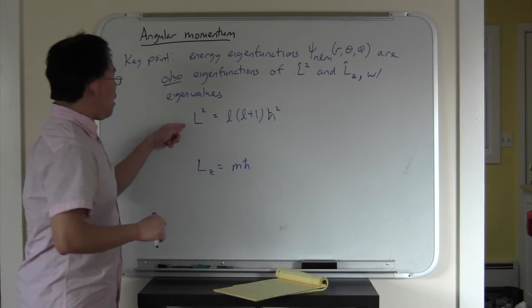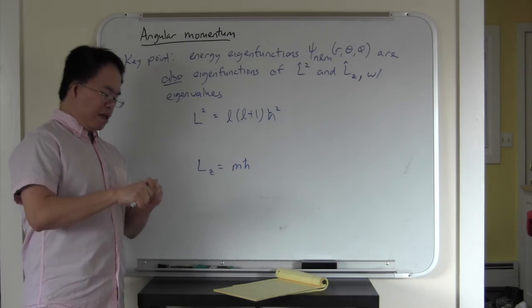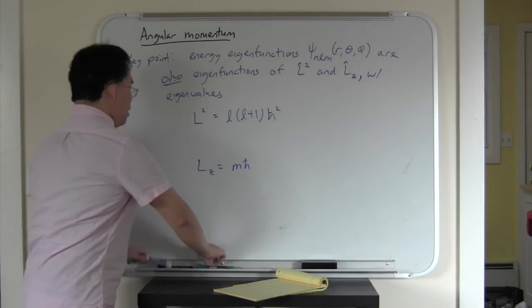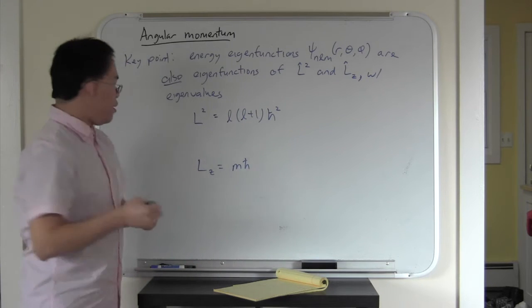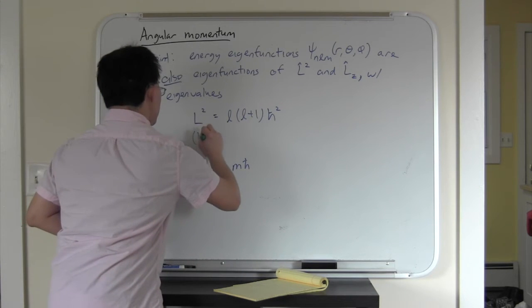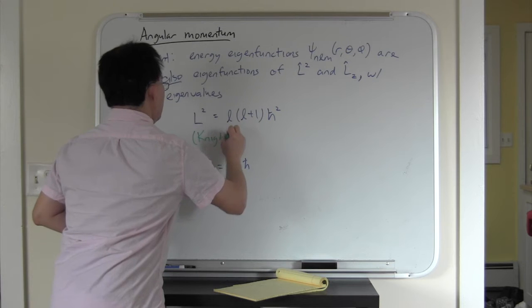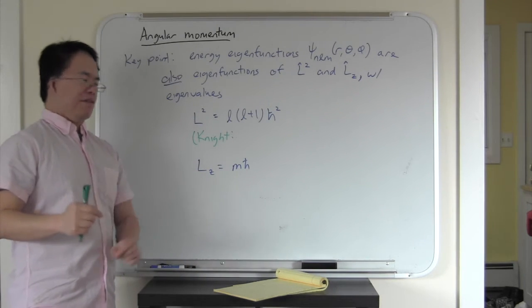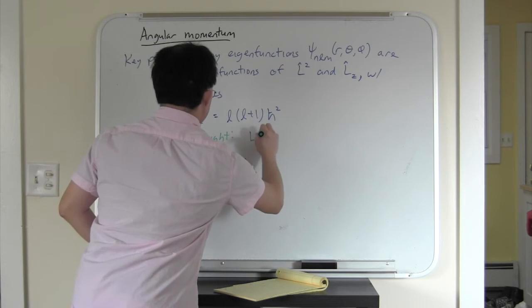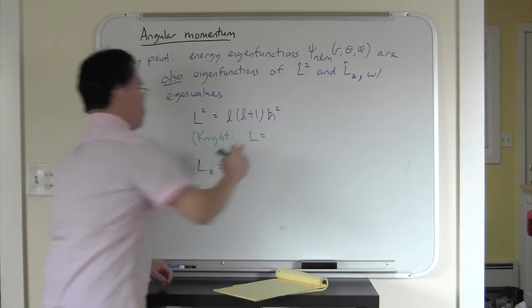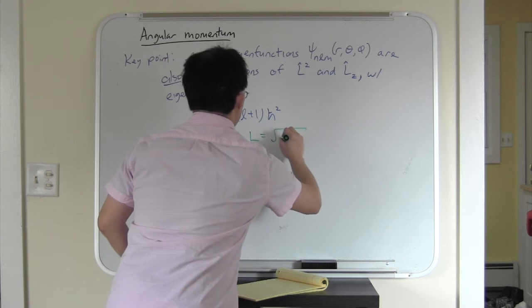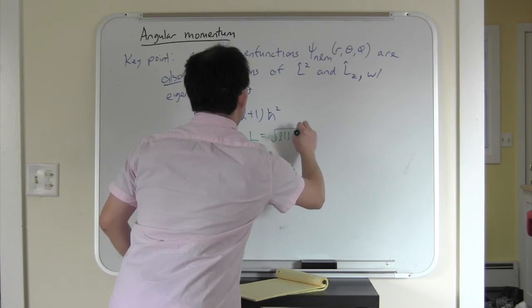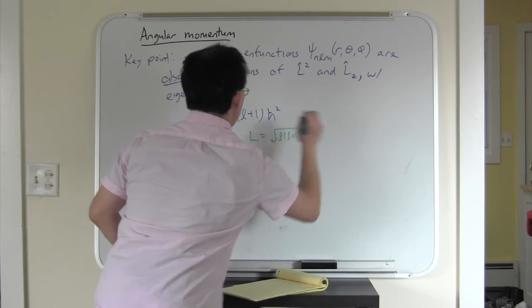One comment: this is why, when Knight talked about, instead of L squared, the orbital angular momentum of the state, he described this as L being the square root of l(l+1) times h bar.